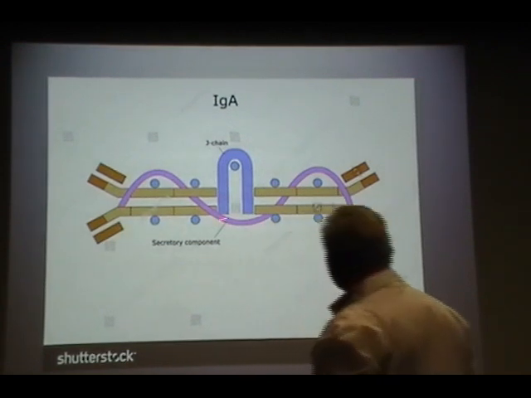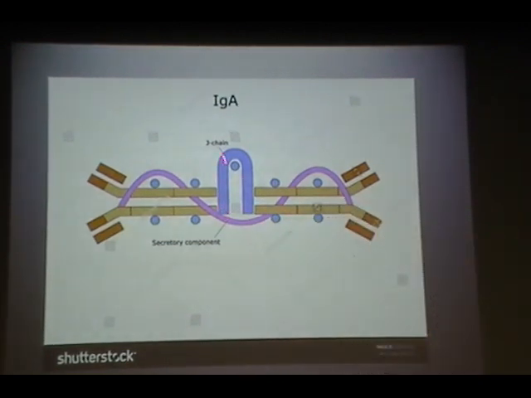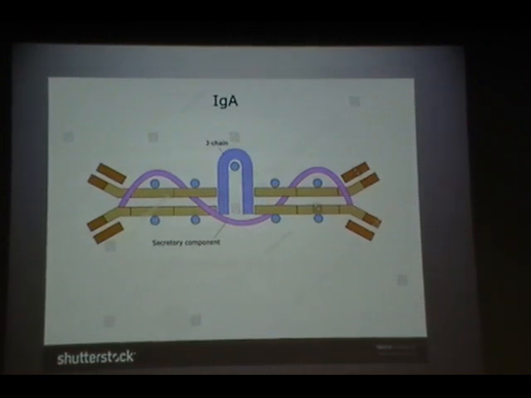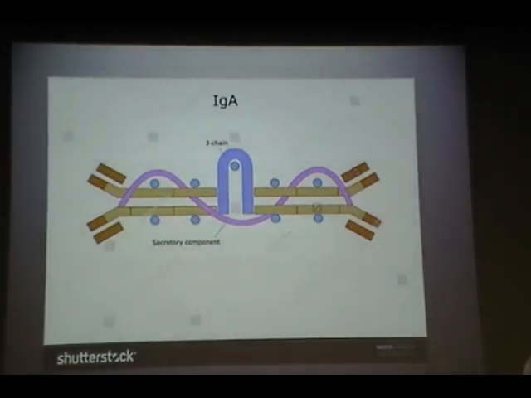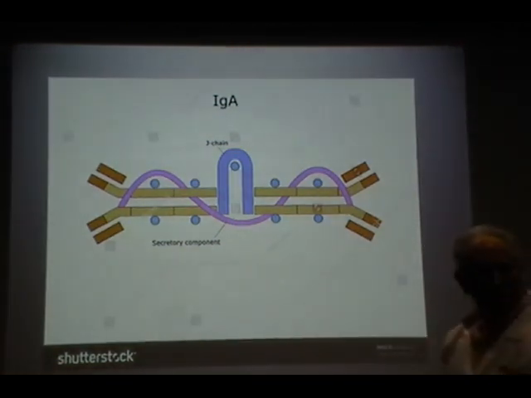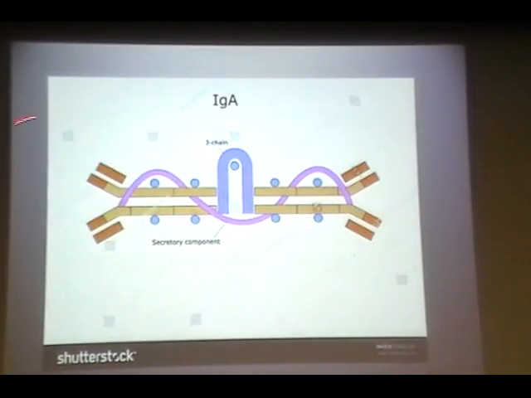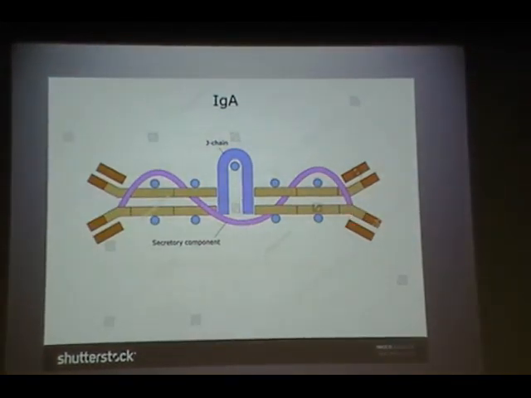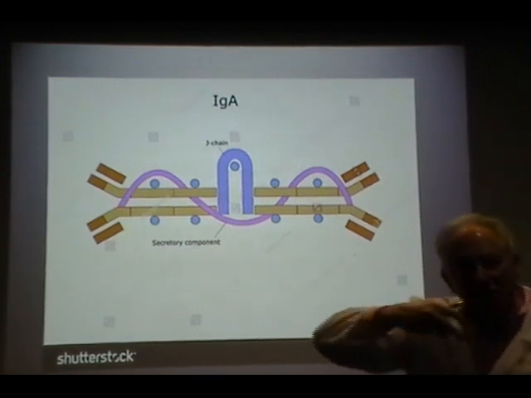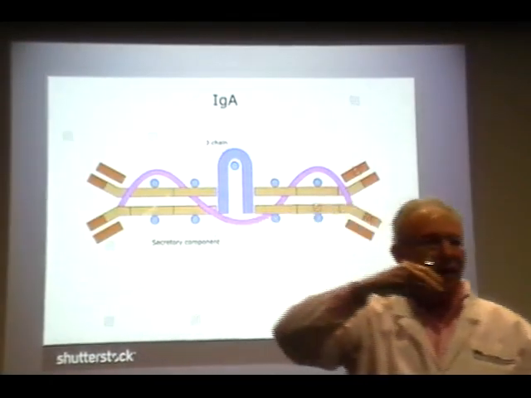But notice, this is a dimer, and there's this thing called the J chain that connects these two. So this is not a very good opsonizing antibody. But what it does have, it has the capacity of binding to 2 sites. Maybe more than 2 sites, because each one of these can bind. This can bind to 4 sites. So it's effective in binding to bacteria. And then there's this thing called the secretory component, which is made inside the cell, and I'll show you how.